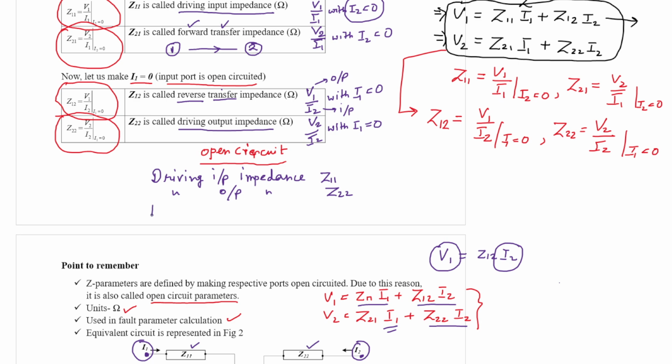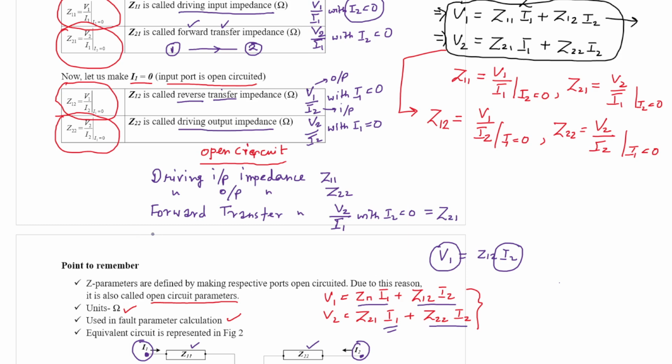Then forward transfer impedance, that is V2 by I1 with I2 equal to 0, which is Z21.